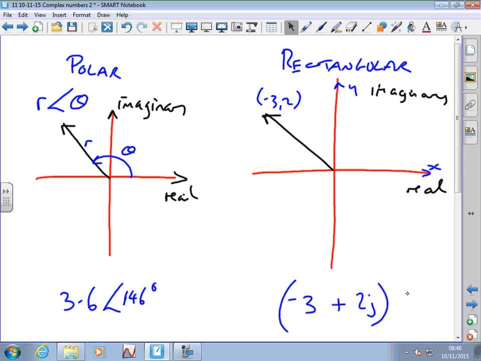So that's that last one in the drill that I forgot to look at, but that's how you'd sketch it. The imaginary part is the y-axis and the real part is the x-axis. So hopefully you sketch that correctly, the correct way around. Remember we talked in polar notation about the angle always being measured anti-clockwise from the positive real axis.